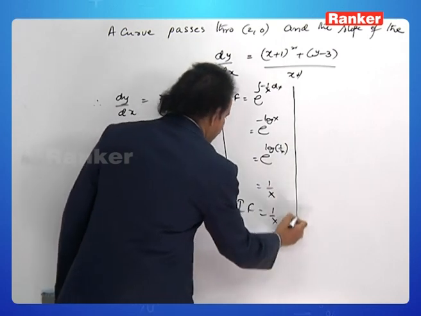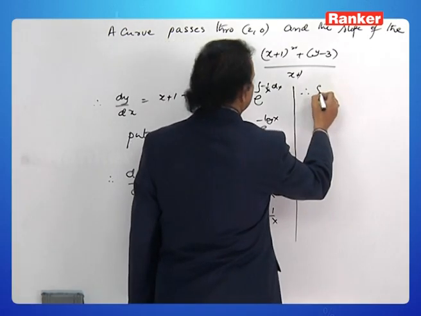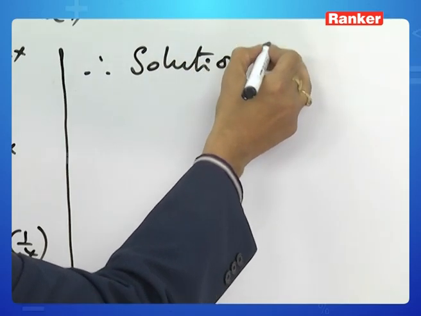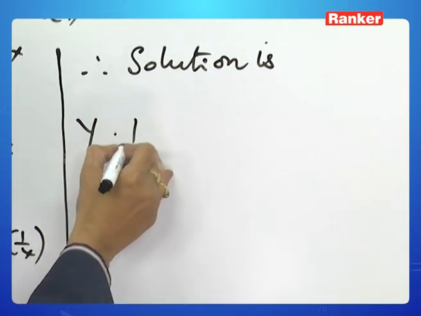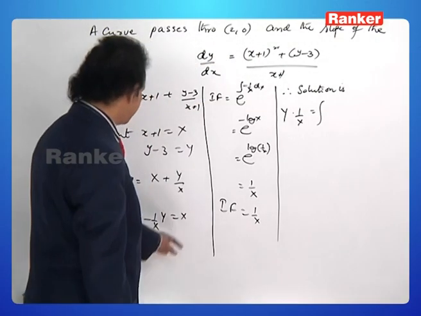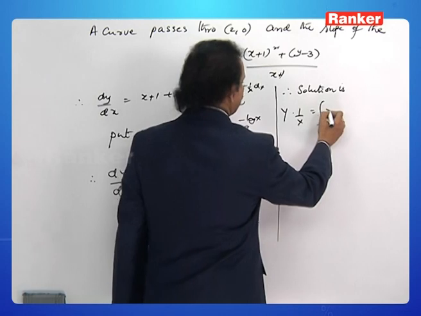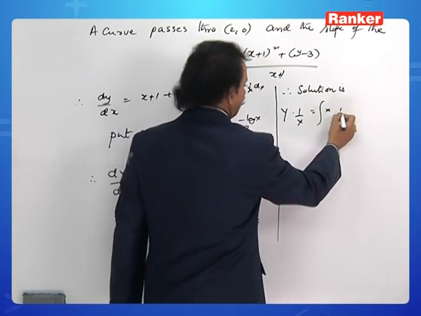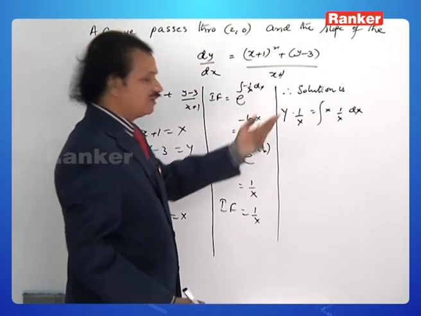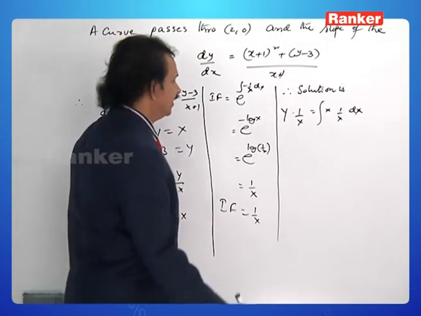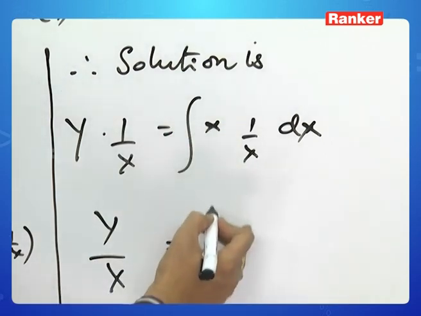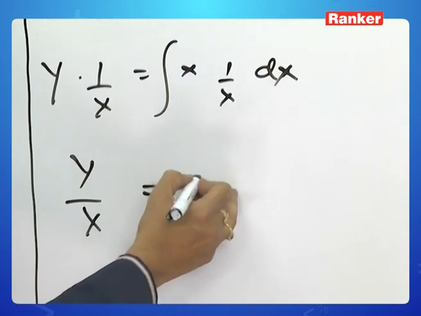Now, what is the solution? Therefore, solution is Y into IF. Y into 1 by X is equal to integral of Q. What is Q? Capital X. What is IF? 1 by X dX. X and X will go away, leaving you only 1. Therefore, Y by X is equal to integral of 1, which is X plus c.